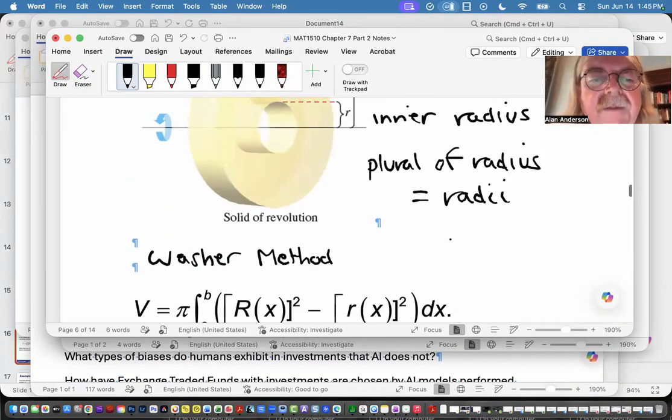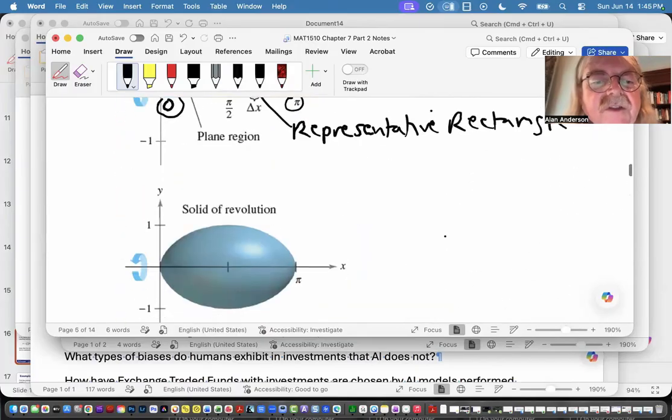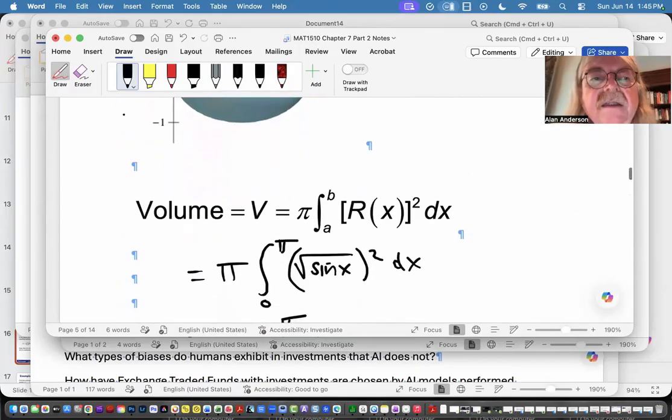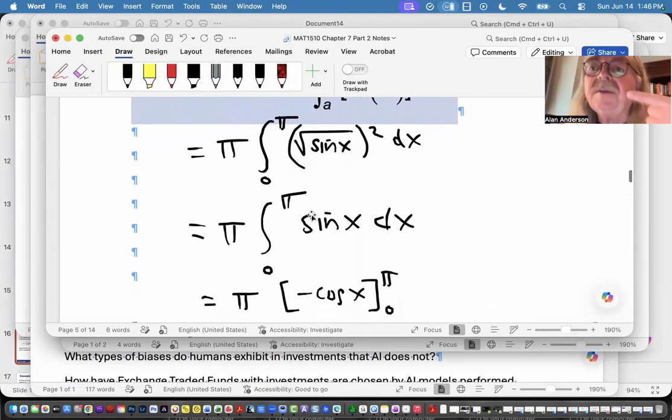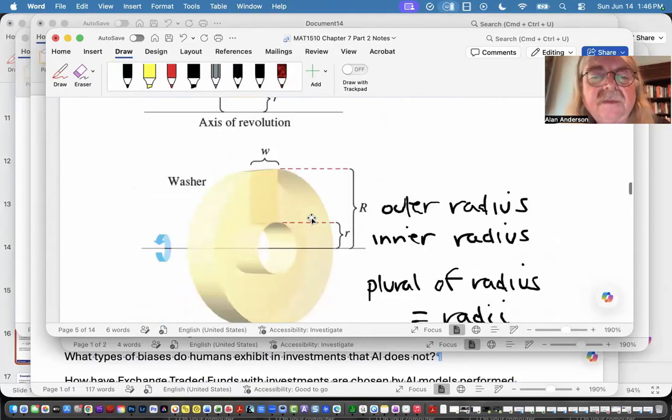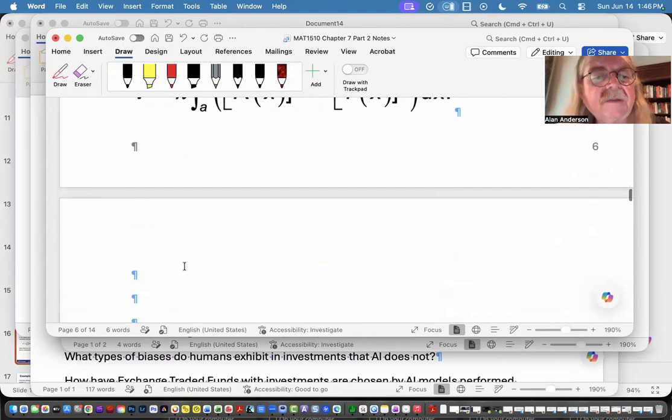Okay, so compared, let me just go grab this one. Now, of course, just like with the other one, we can rotate around the horizontal or the vertical axis. This is the formula for rotating around the horizontal axis, or up and down. Let's compare these side by side.